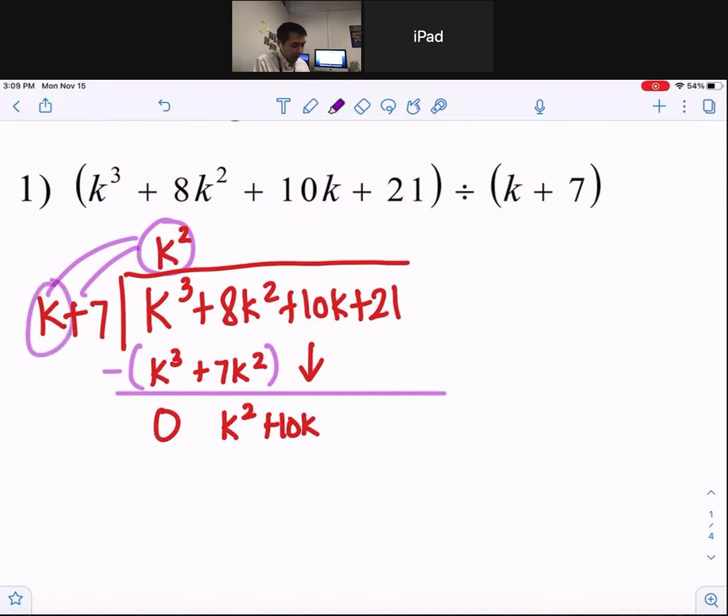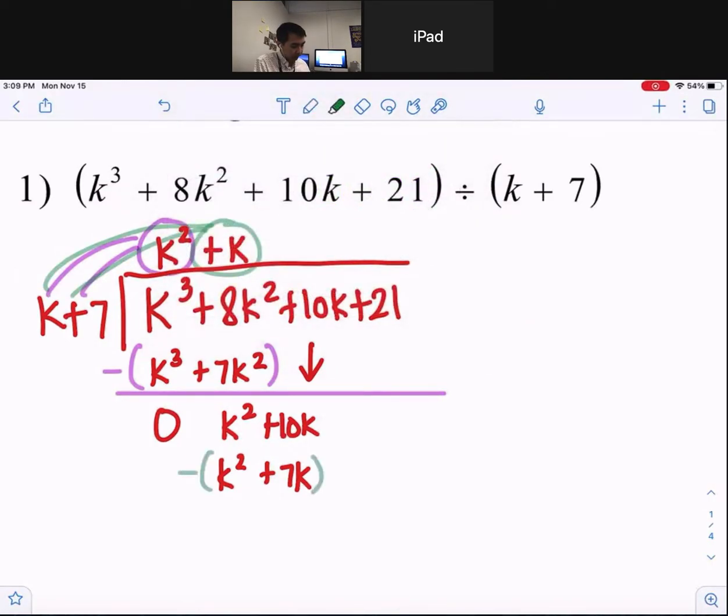What times k would give you k to the second? That would be k times k. And then once you get this term, you're going to distribute it to both of those again. K times k is k squared. K times 7k is 7k, or k times 7, 7k.